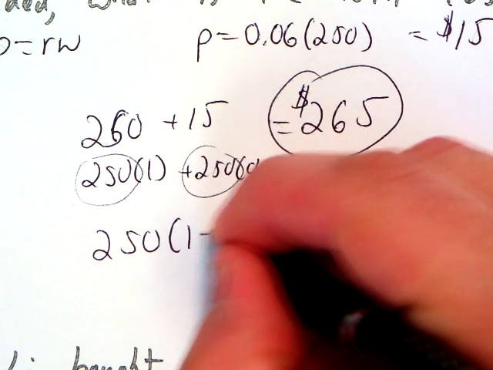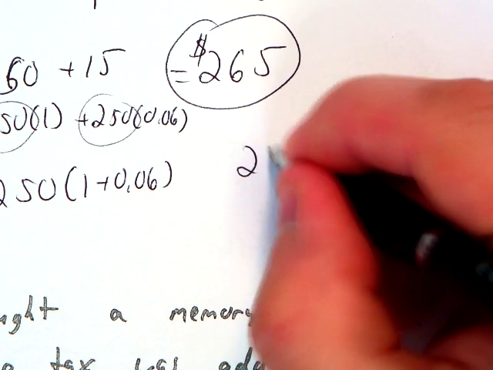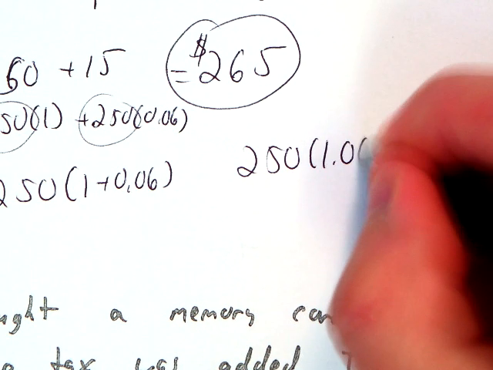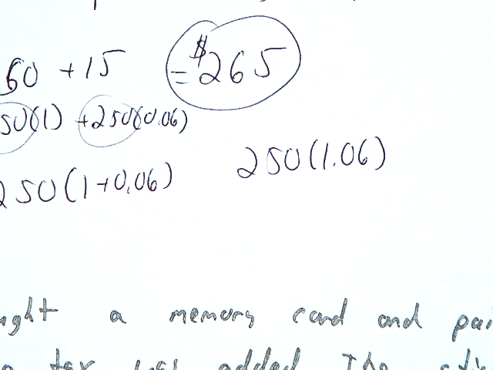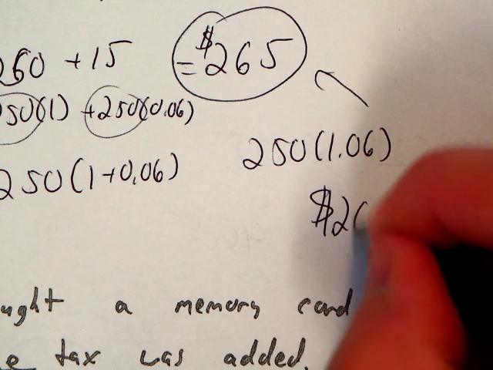I'm left with 1 plus 0.06, which means that if I multiply the original amount by 1.06, I would still get this 265. So 250 times 1.06 does in fact get me $265.